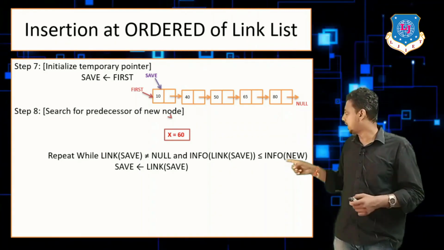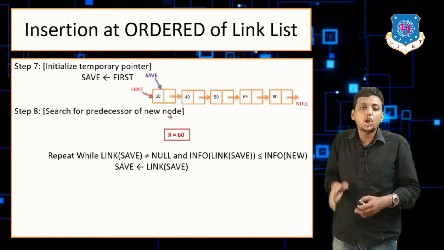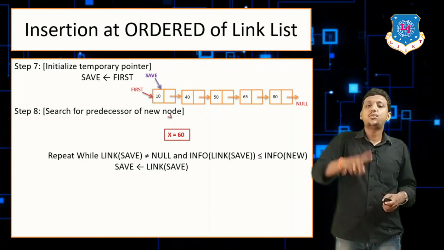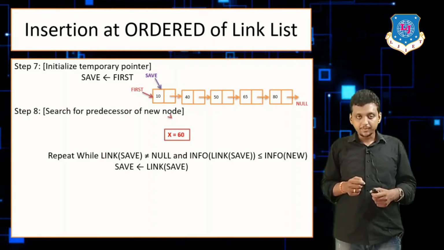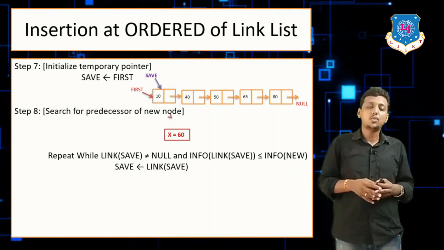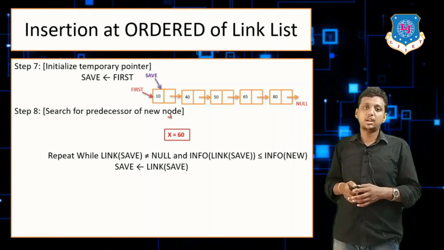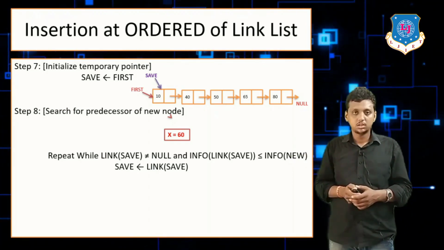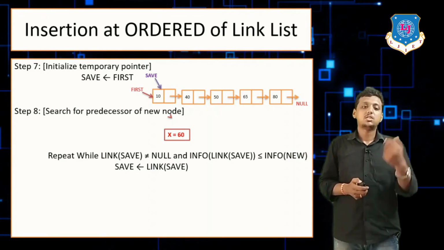That's why you have to write it like this: link of save is not equal to null. And another condition is info of link of save. See, this is not info of save. Info of link of save. Why? We'll see in the example. Okay, so info of link of save is less than or equal to info of new. Okay. Fine. So let's start.